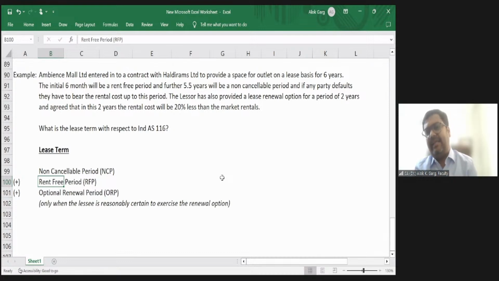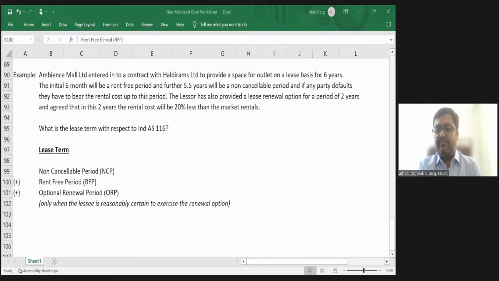Now tell me, in this case, is it reasonably certain that this renewal option will be exercised? If you were the lessee, would you exercise it or not?